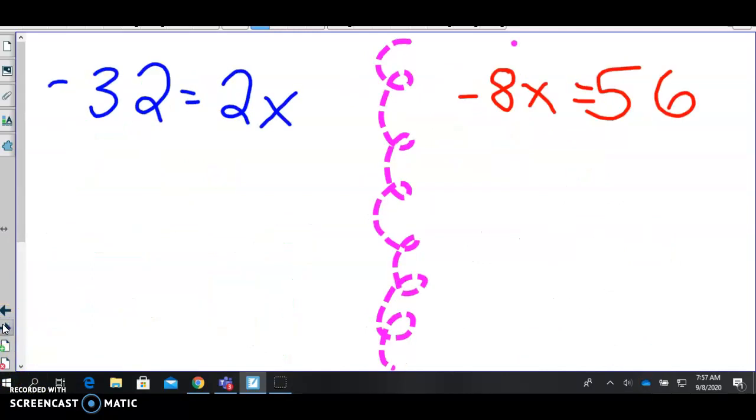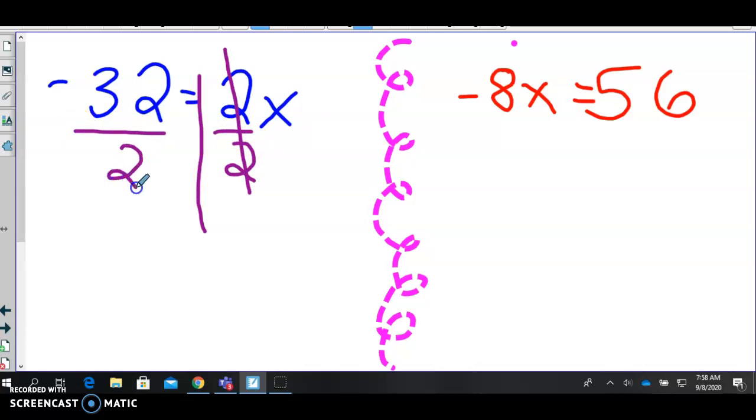Okay, last 2 problems and then we're done, so let's get it. Looks like multiplication again. I'm going to draw my line down the middle, and I can see that 2 is being multiplied by x, so to undo multiplication, I need to divide. So I'm going to divide by 2, that cancels it out. What I do on one side of the equal sign, I have to do on the other.